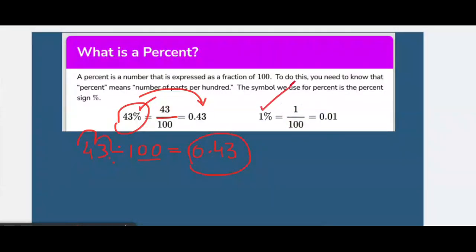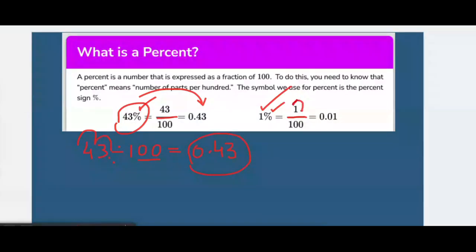Now the next one is 1%. In this 1%, if we remove this percent sign, which means number of parts per 100, per means over, and over means divide by 100. So 1 over 100 here, and this 1 does not have any decimal, so we just write a decimal over here and then shift this decimal to the left hand side.